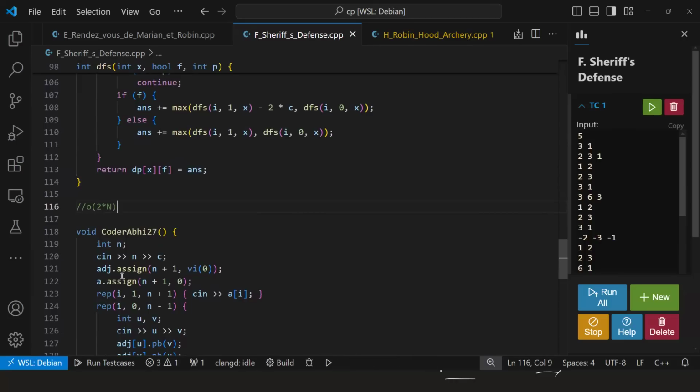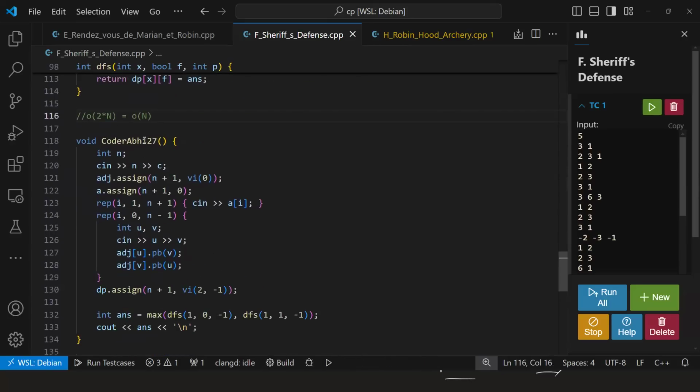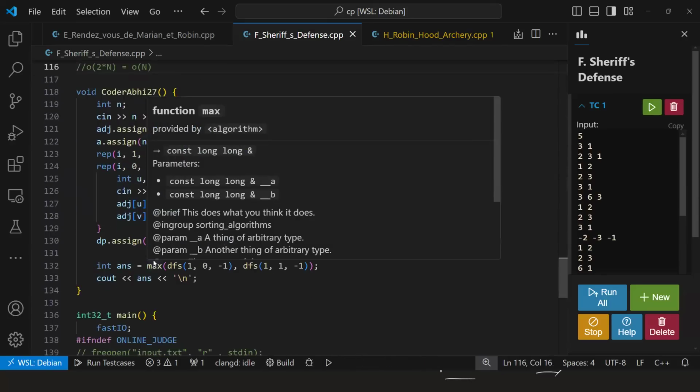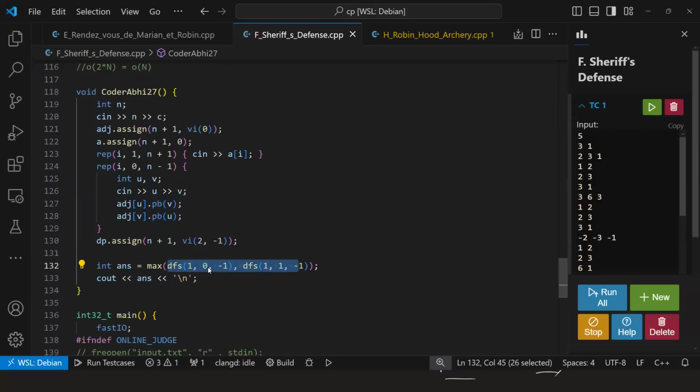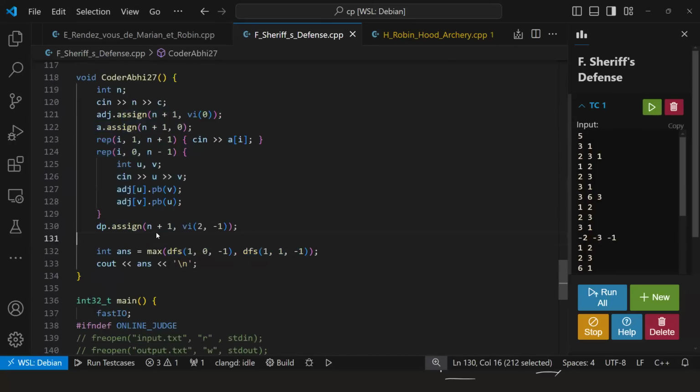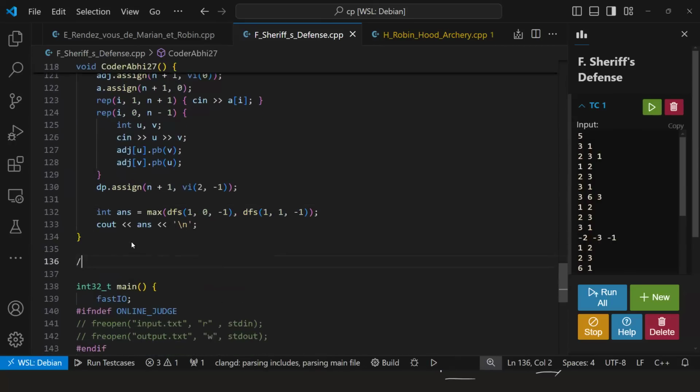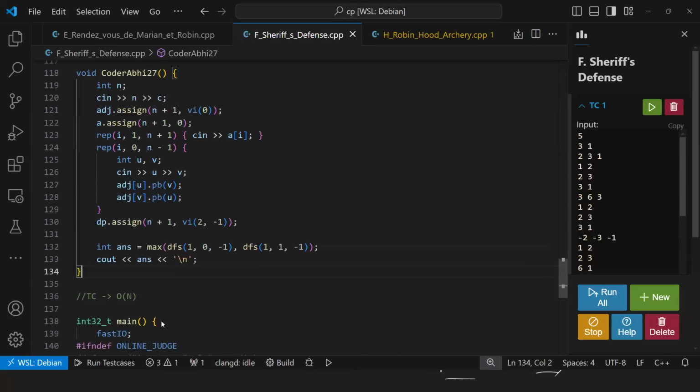So 2 into n into 1, which is the same as O(n). And the rest are input things only. So my overall time complexity is O(n). I hope it is clear to you. If there is any doubt in the problem, you can ask, or maybe we can end now.